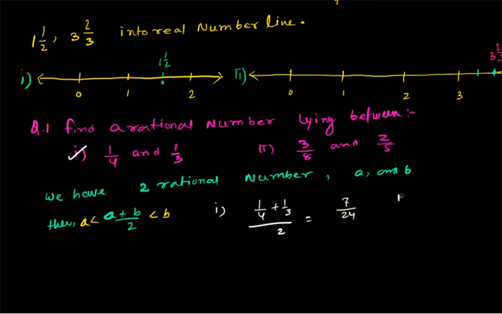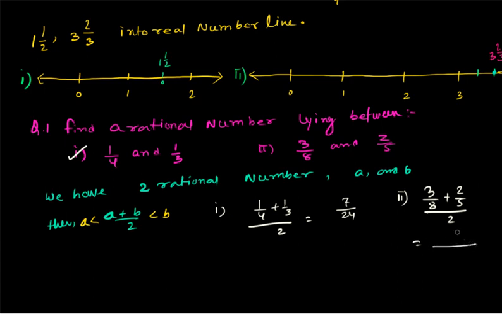And for the second case, it's 3 by 8 and 2 by 5. So we can simply find it by adding and finding the average of these two given numbers. So 3 by 8 plus 2 by 5 divided by 2.